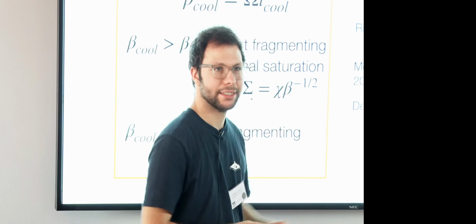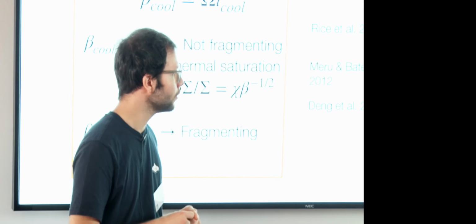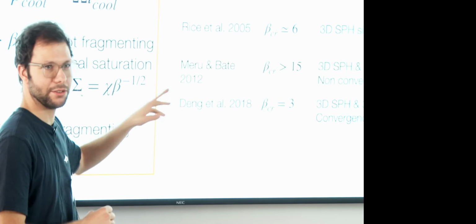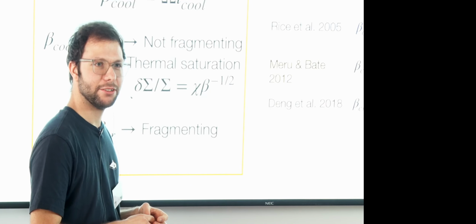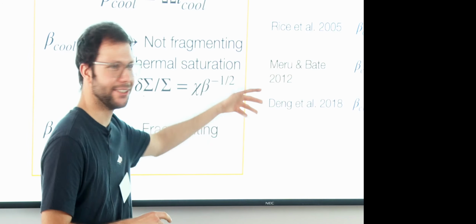Well, it's not only the critical value, you've got a phrase there, non-convergence. Yeah, they did not find the convergence between 3D SPH and 2D grid. I'm not sure, I'm not an expert on these two papers. I need to look better at this paper. So I've just taken the results, sorry.